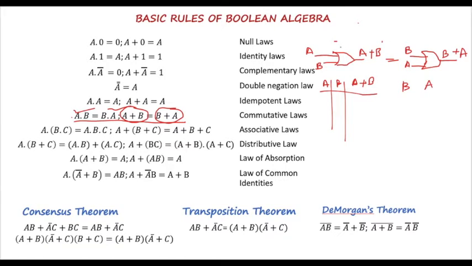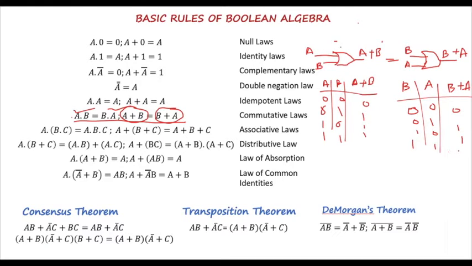Then B plus A: 0 0 gives 0, 0 1 gives 1, 1 0 gives 1, and 1 1 also gives 1.